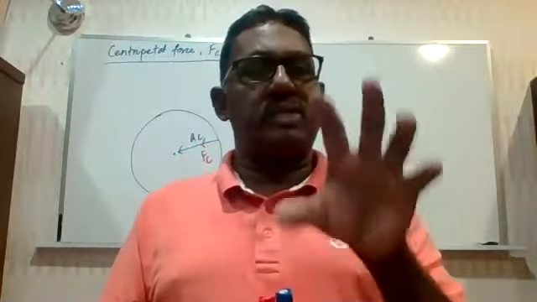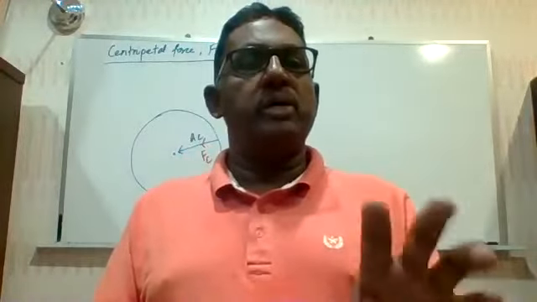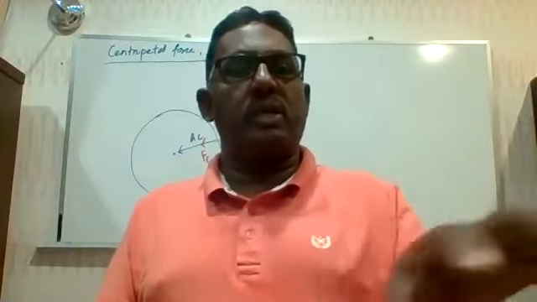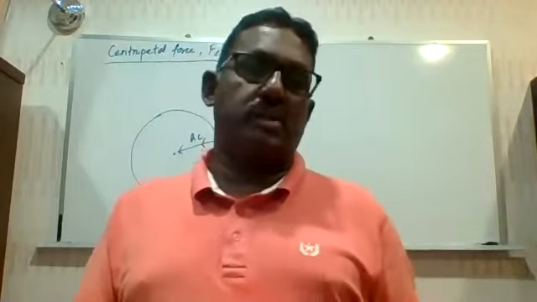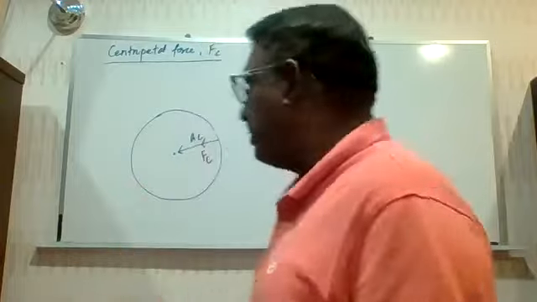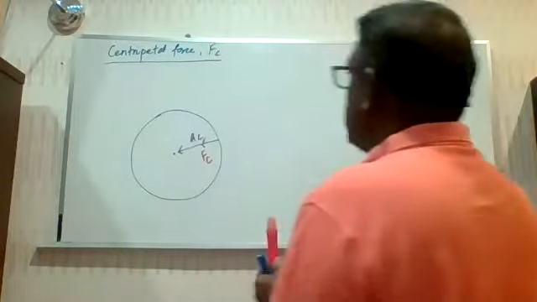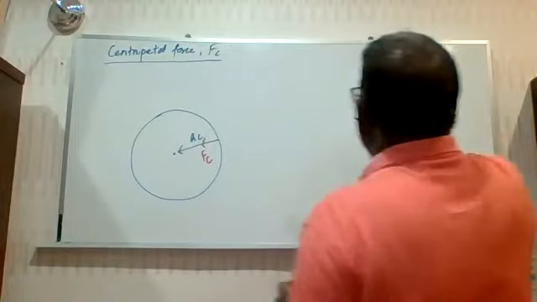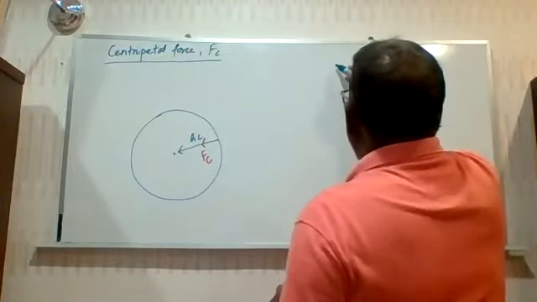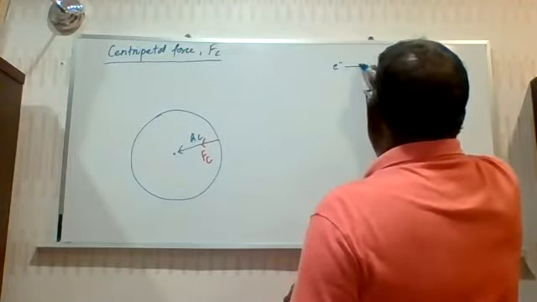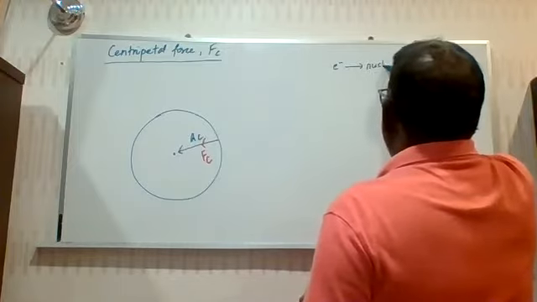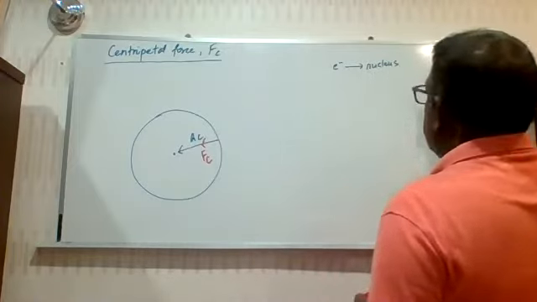So centripetal force is just a general term used to refer to the force in a circular motion that causes the centripetal acceleration. I want you to know that. If we were to talk about an electron moving around the nucleus, I can ask you, state the centripetal force.